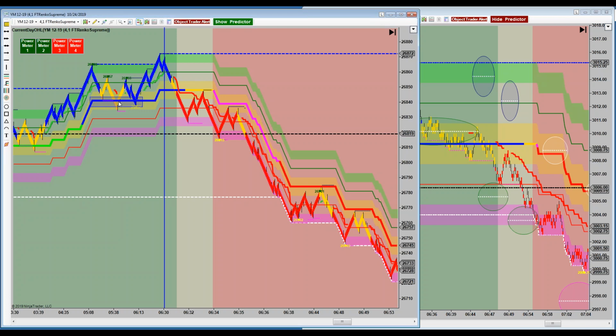Now, keeping with the mid-band theme, notice what happens here. Right at the open, where is YM located on its chart with respect to the open, high, low of the day? Where's YM at the open of the equity trading session, 6:30 Pacific time?